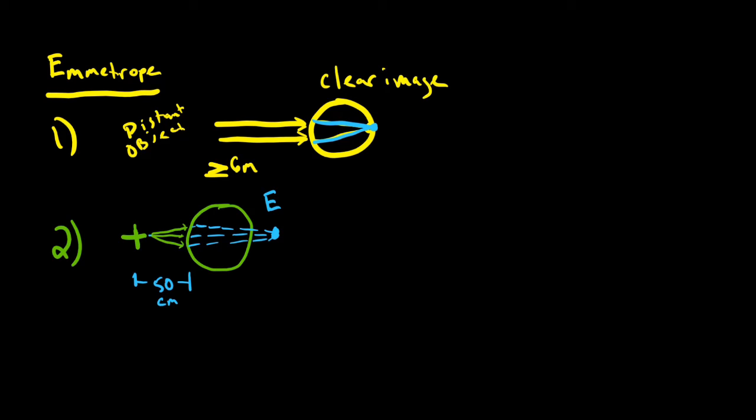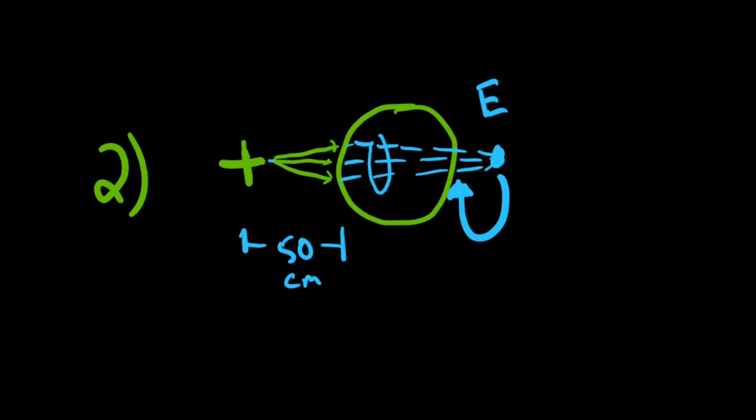So what we need to do is the same thing that we did in the hyperope when they were uncorrected and looking at the distant target. It's the same thing. So we need to take the lens from its resting state and we need to change the shape of that lens to a more curved surface.